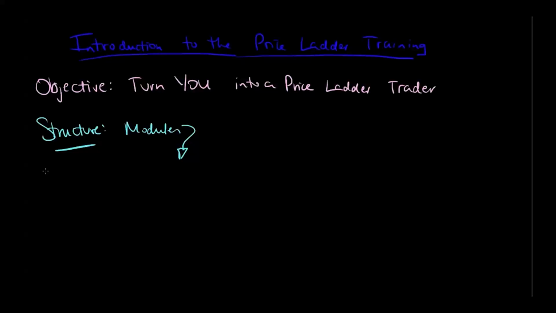From modules 1 to 5, that's where we're going to build your foundation. That's where we're going to show you the very simple order flow patterns that we can observe in the market. If you really pay attention to these modules, that will leave you in good stead to learn how to trade all the setups that come after that.